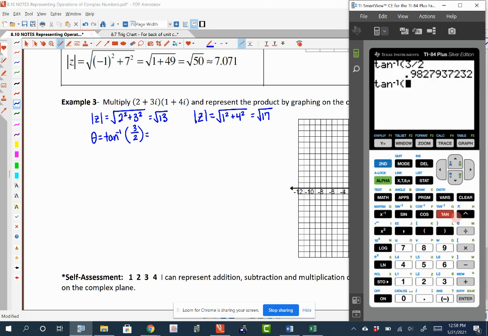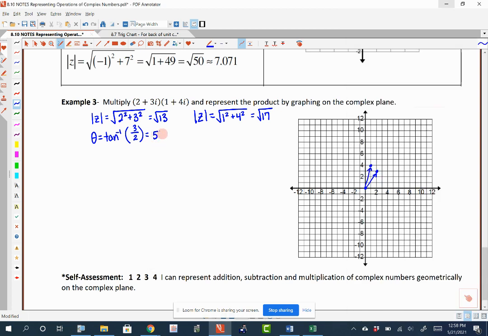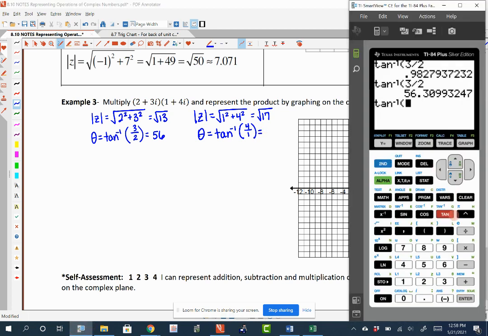Inverse tangent of 3 divided by 2. There we go, 56 degrees. Let's keep rounding to the nearest whole degree. Similar thing for our second one. Inverse tangent of our b over our a, which we could just call 4. Inverse tangent of 4, we'll round that up and call that 76.